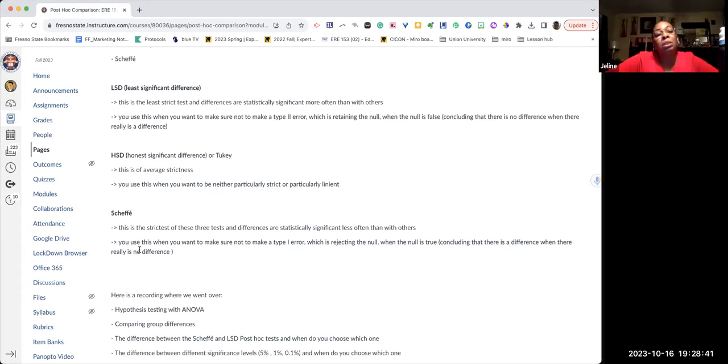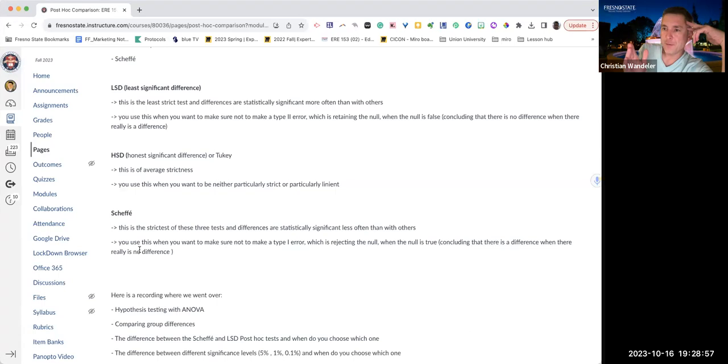So with the LSD test, would the p-value be 0.05 or 0.005? So the theoretical value that we compare against, the 0.05, or the 5% significance level, is always the same, right? That's across these tests.